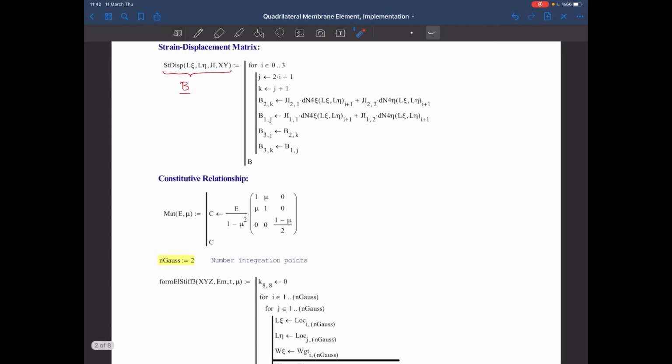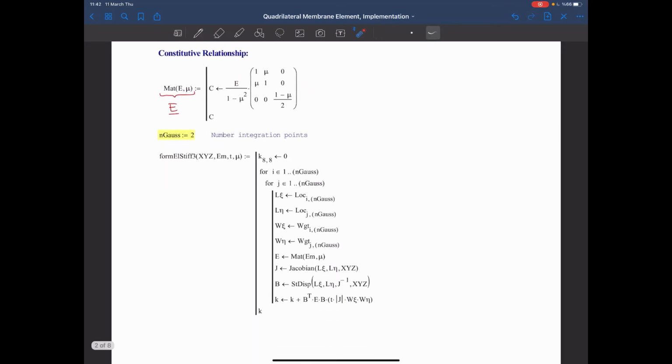Now that's a function for the constitutive relationship. We already have this matrix, I'm just computing it, and remember that this is my E matrix. Now here we are doing a numerical integration. I'm doing 2-point integration because it's a bilinear function, and 2-point integration will give me the exact integration. So these are the psi and nu points, so 4 points we'll have.